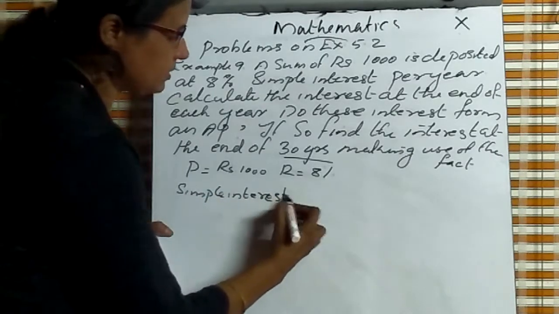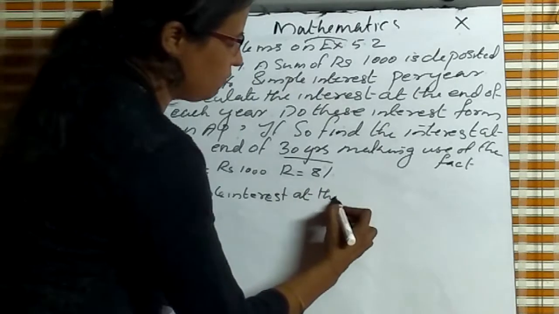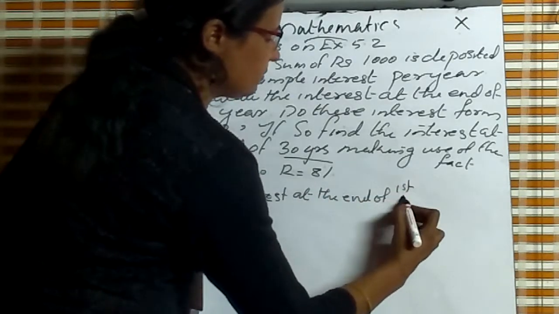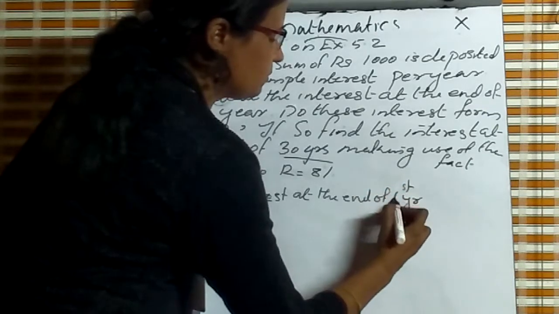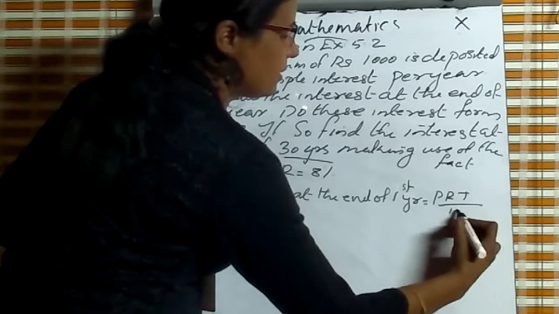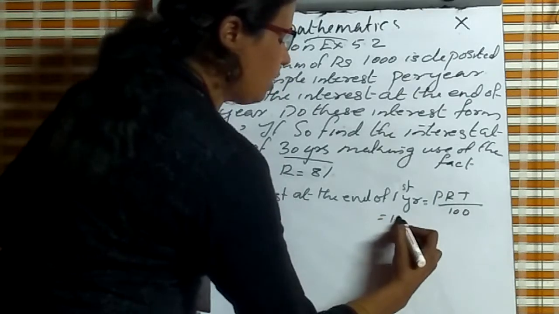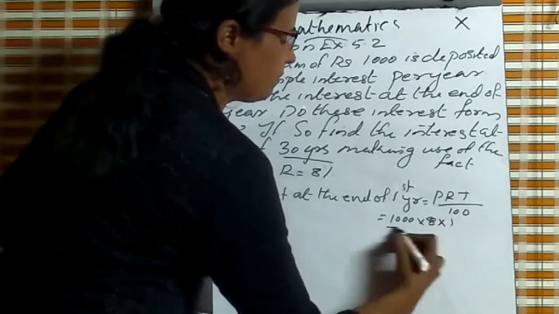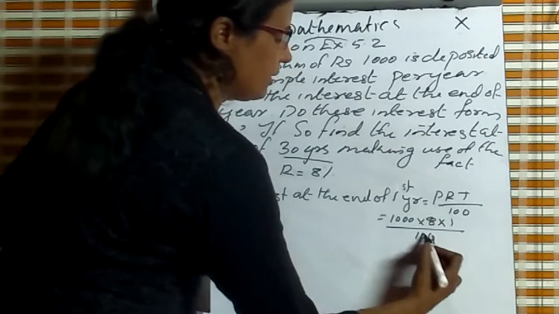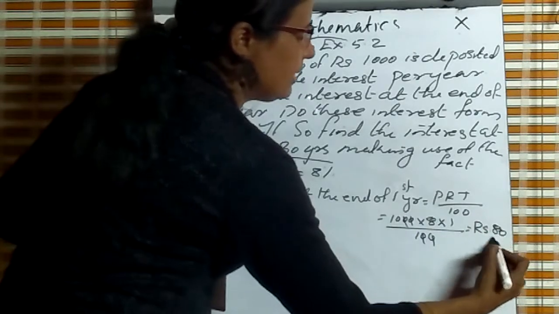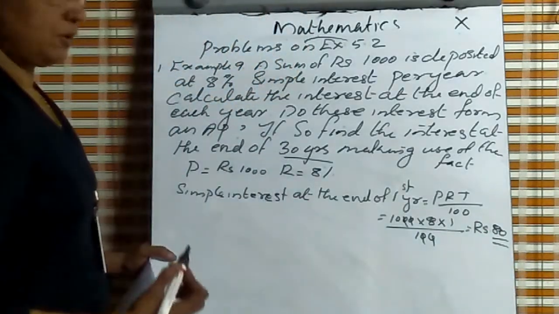Simple interest at the end of first year is equal to PRT by 100, equals P 1000 into R rate of interest 8 into time 1 year by 100, is equal to rupees 80. That is the interest at the end of first year.